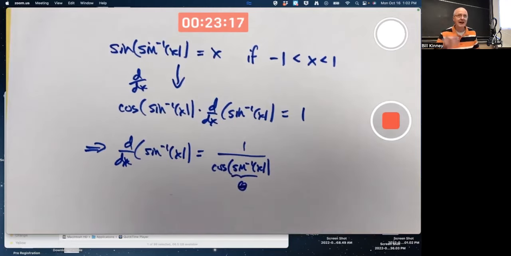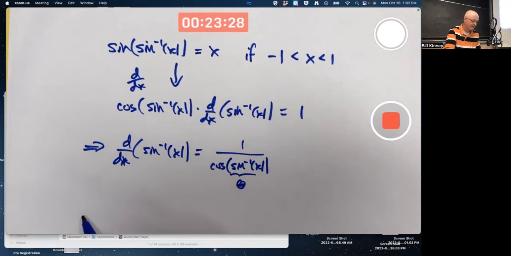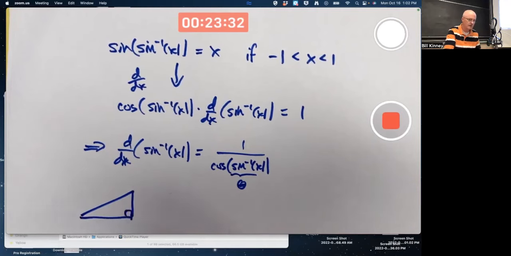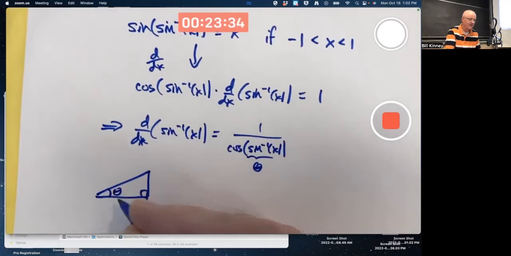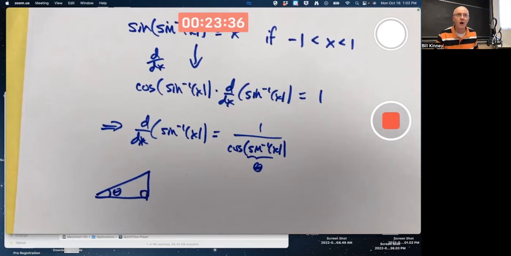Since you take the cosine and sine and tangent of angles, the inverse sine, cosine, tangent of a number gives you an angle, or at least can be thought of that way. Draw a right triangle. Label one of the angles theta, one of the non-right angles, it doesn't matter which one.